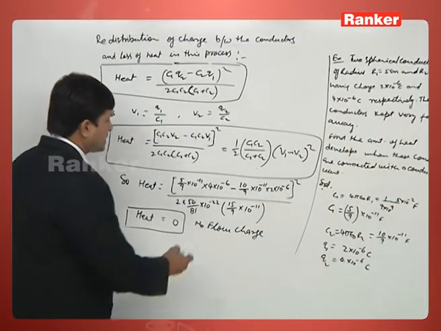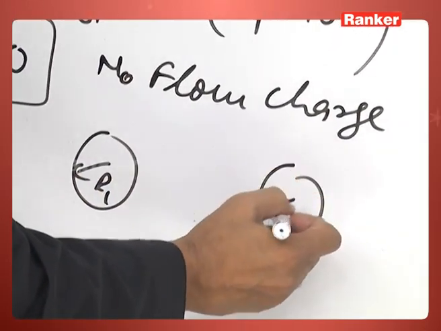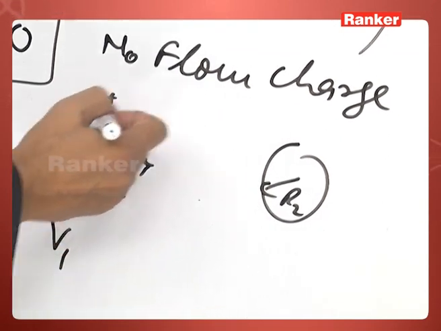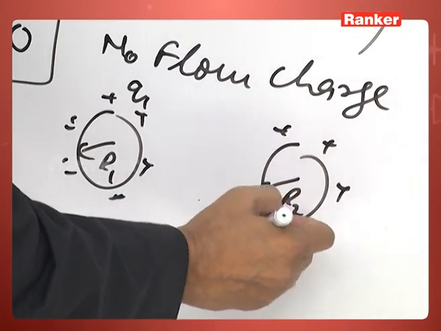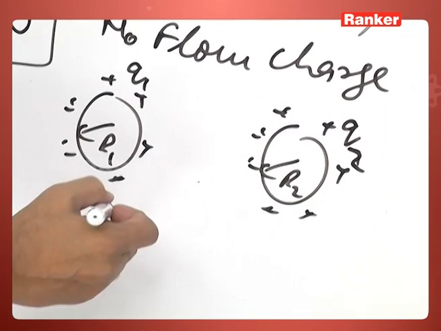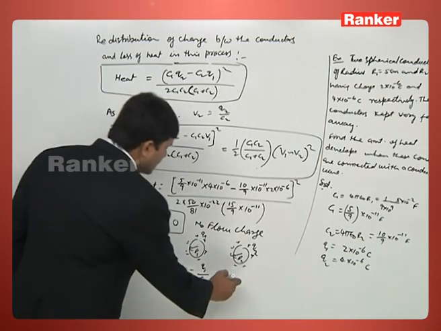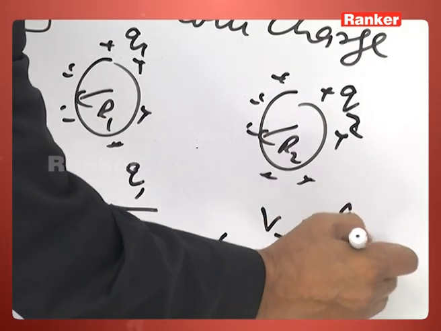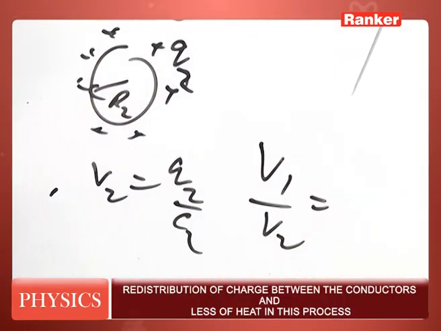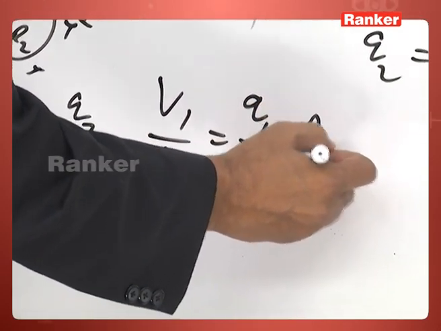See, this is a spherical conductor of radius R1, and this is a spherical conductor of radius R2. The charge on this is Q1, and here the charge is Q2. The initial potential of this, V1, is equal to Q1 by C1, and V2 is equal to Q2 by C2. So V1 by V2 is equal to Q1 by R1 into R2 by Q2.